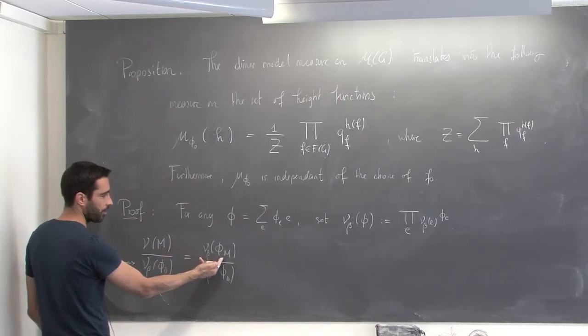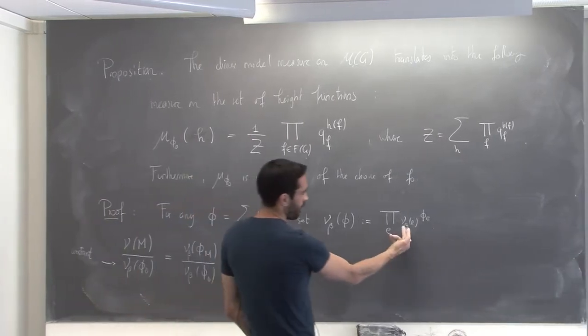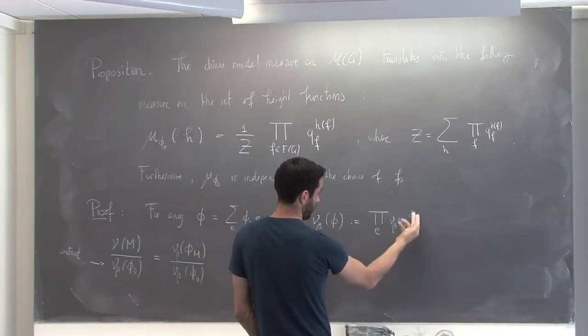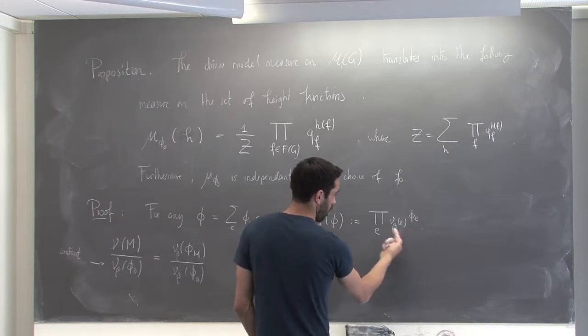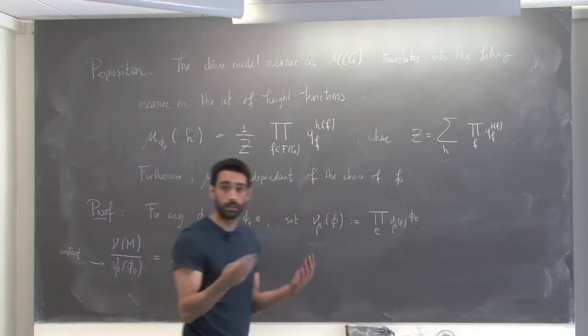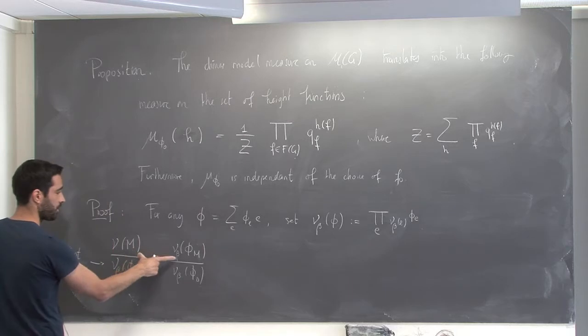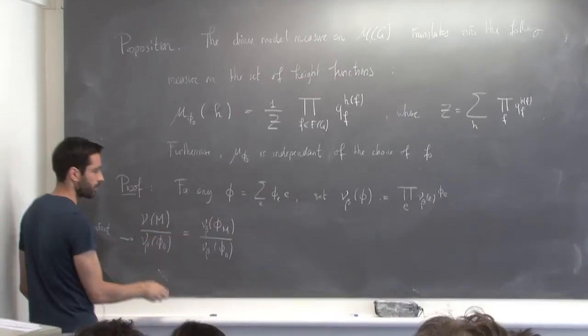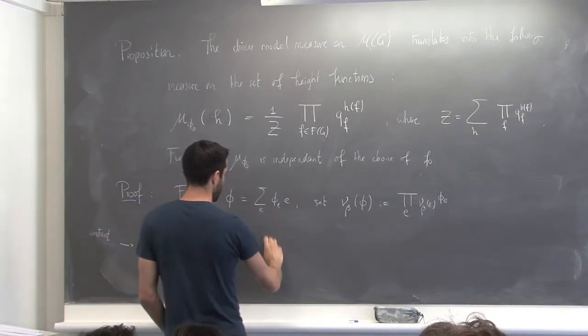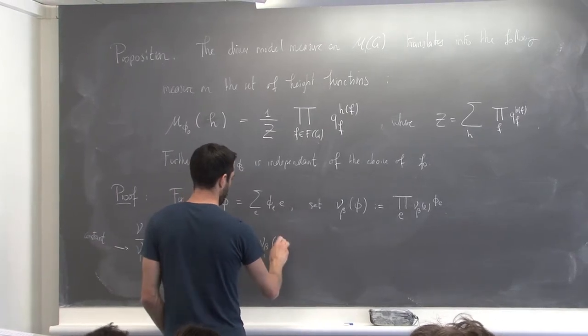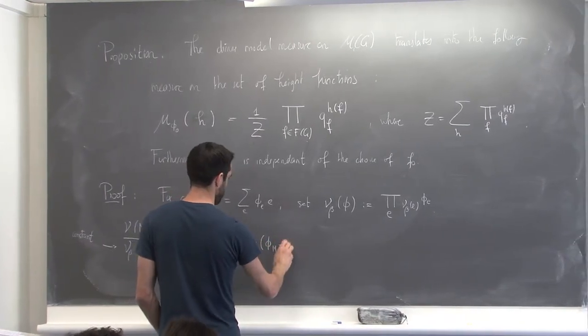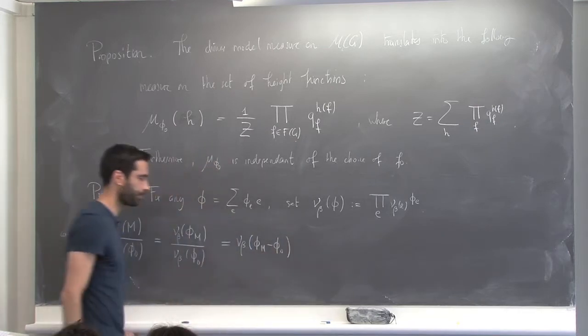Again, nu beta of phi m is what? It is the product of the weight of the corresponding edge, this will always be 1 or 0. So this is just a question of notation. This works. Now I want to write it as nu beta of phi m minus phi 0.